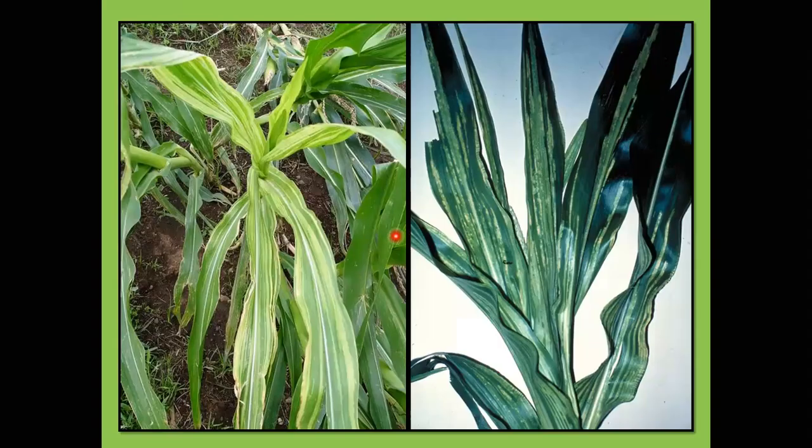Initially chlorotic streaks are seen on the upper side of the maize leaf. This is the initial infection seen on the upper side of the leaf.